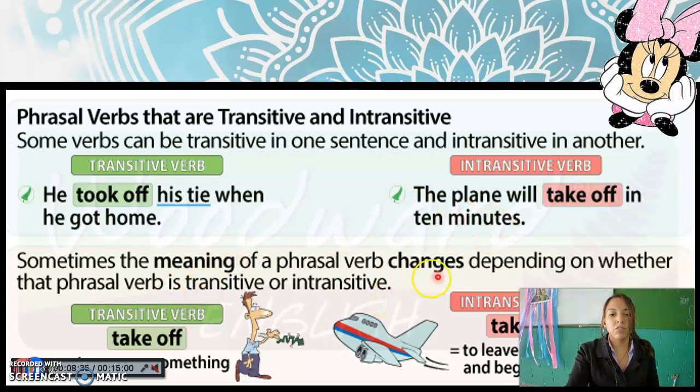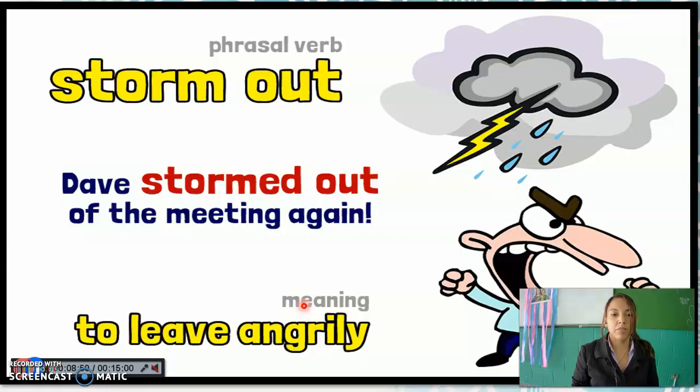Sometimes the meaning of a phrasal verb changes depending on whether it is transitive or intransitive. In the first case, we are talking about clothing or an item. In the second one, take off means to leave the ground and begin to fly. Another example is storm out.